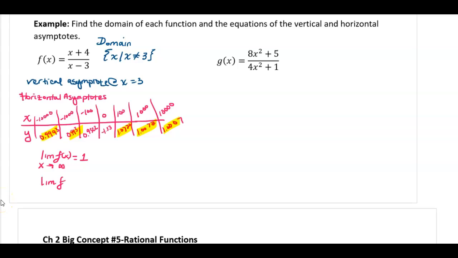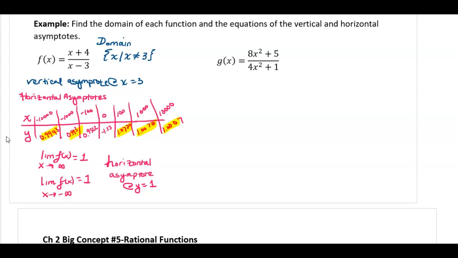The limit of f of x as x approaches negative infinity, as we're going forever in the negative direction, it is once again also getting close to 1. So here we have a horizontal asymptote at y equals positive 1.